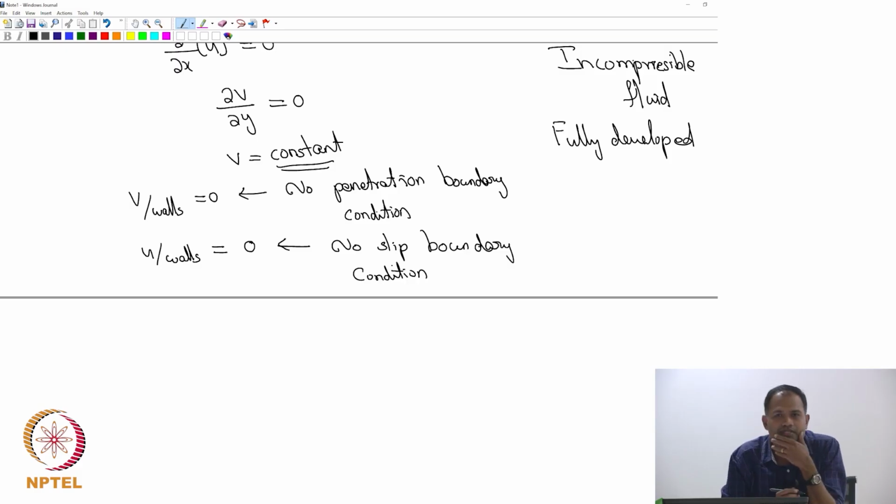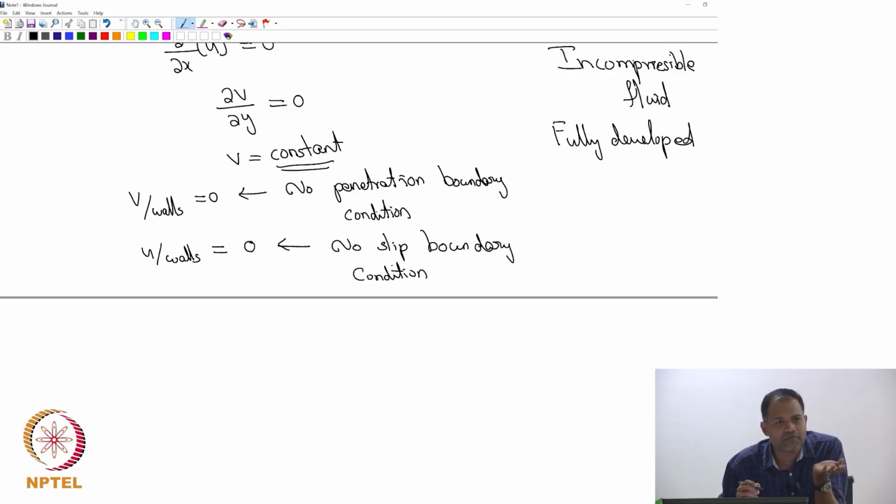All right, any questions? Okay. So, we have now learned something, that the velocity normal to the channel is 0. So, that means there is only one particular component of velocity that we need to worry about, and that is the u velocity.